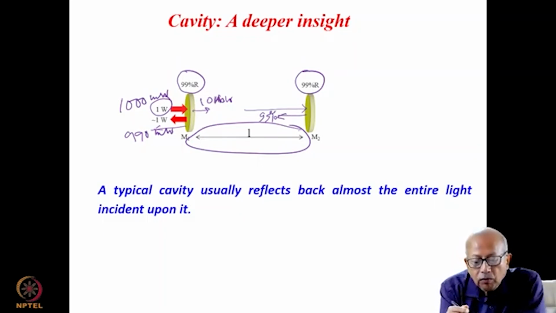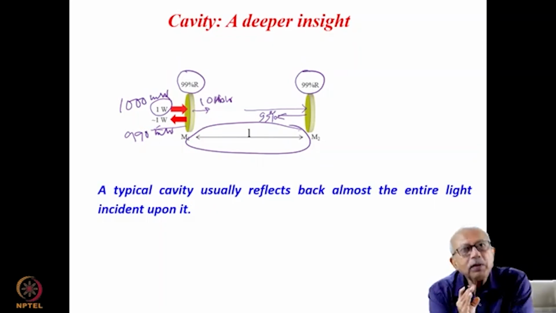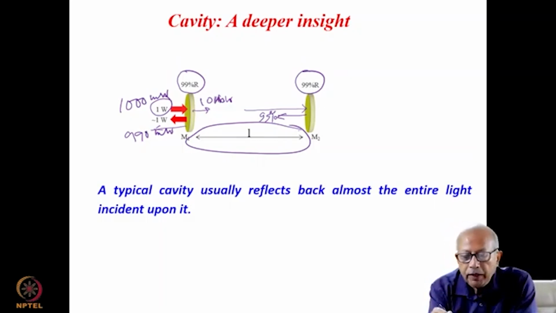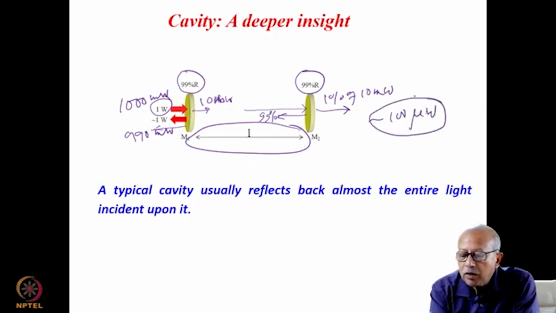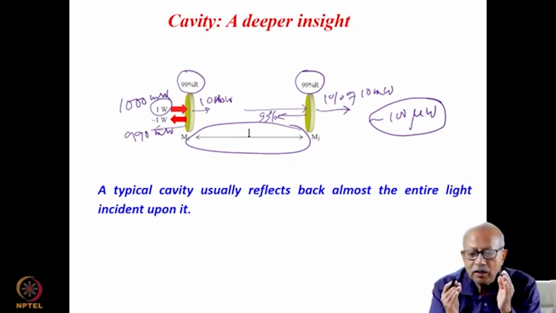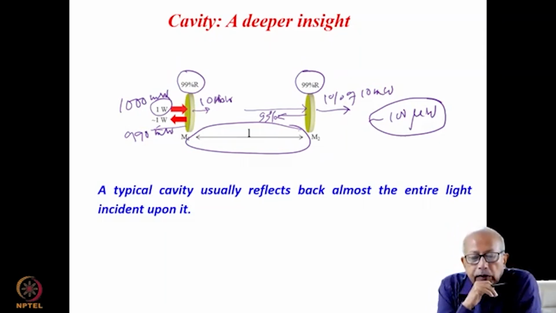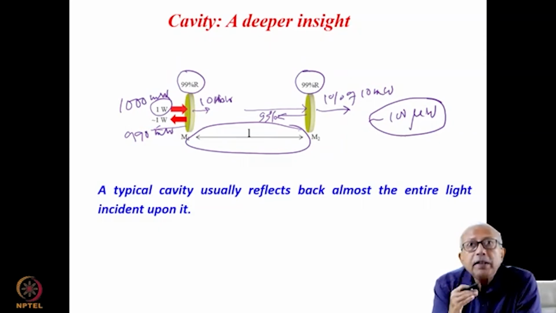Only 1% of 10 milliwatt, which I think is 100 microwatt, will be transmitted from this incident 1 watt power. So essentially, the cavity hardly transmits anything of the incident light. If this were true, the cavity would have lost almost all its importance in the context of a laser.